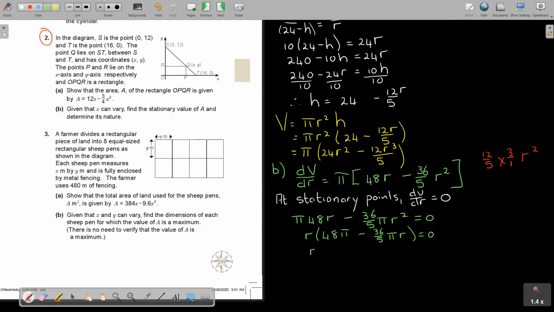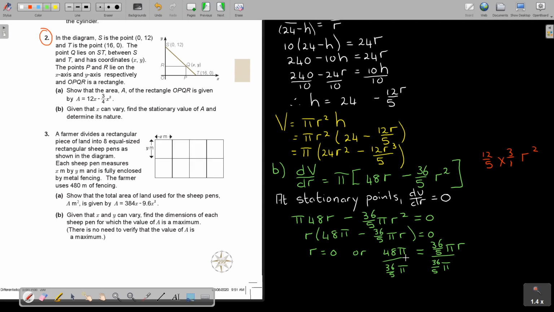And then I have r is equal to 0, or I have that 48 pi. If I put it equal to 0, I can take this over, 36 over 5 pi r. So basically, I'm just going to divide to get r alone. I'm going to divide by 36 over 5 pi.